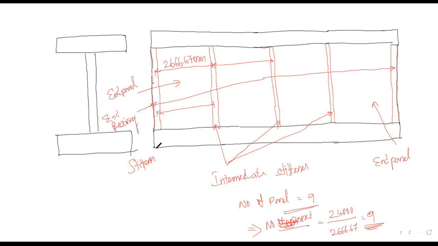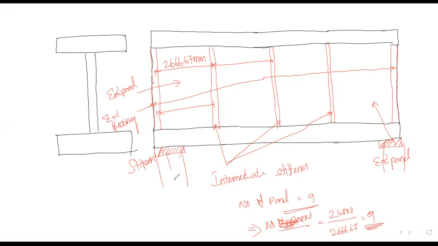We check that the end panel is safe in shear because we are going to give a support here and here. Through this, the load is going to transfer to the column, which is placed at the bottom side.